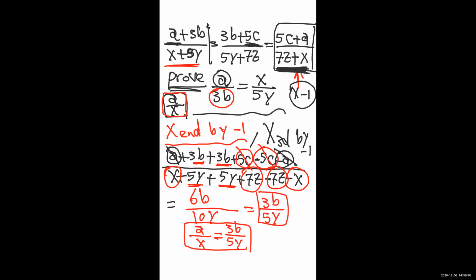So simply, we will deduce that a over 3b will equal x over 5y, which is required in the question. Look at the requirement here: a over 3b equals x over 5y.